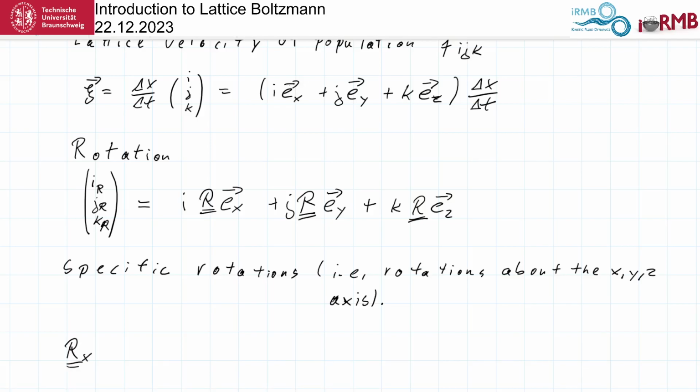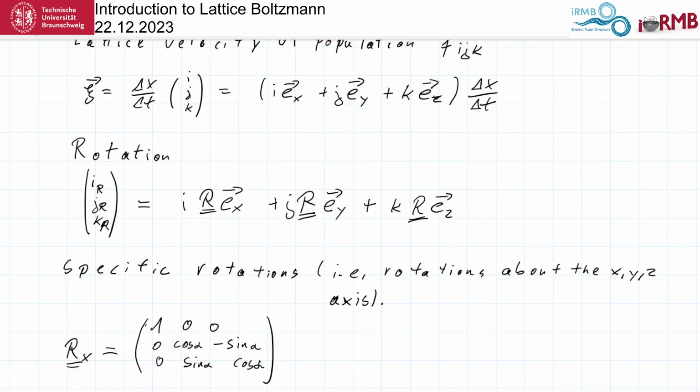So rotation about the x-axis would look like this: 1, 0, 0, 0, cosine alpha. This is the angle of rotation, so how far do we rotate. Minus sine alpha, 0, sine alpha, and cosine alpha.